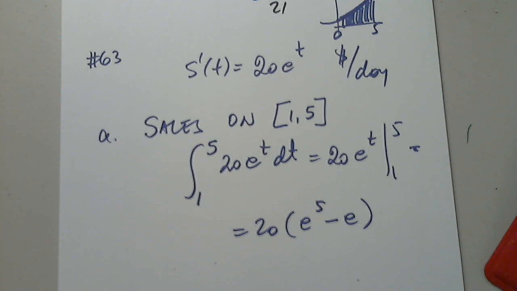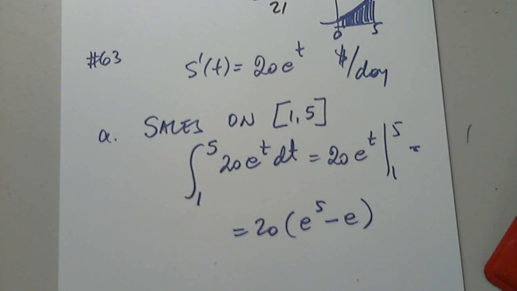And I get this. Let's see what I got with 20. You cannot change that into a fraction. That's not possible. This time, e to the 5th power minus e, sorry. I have to get the exact same thing. If I don't, something is wrong.